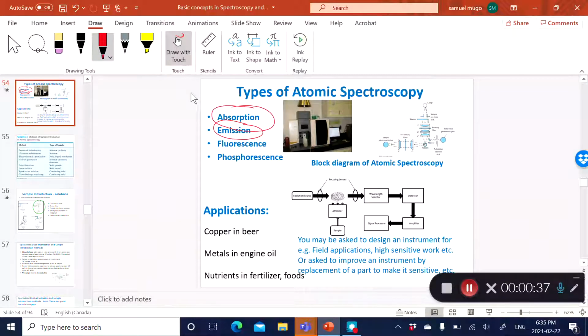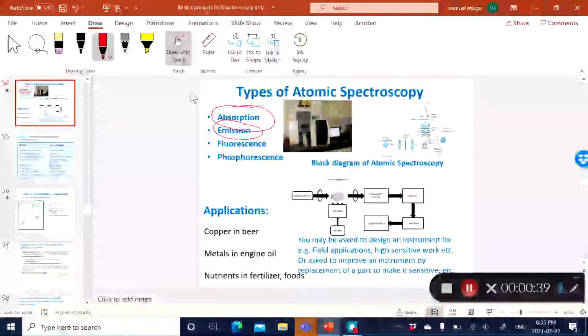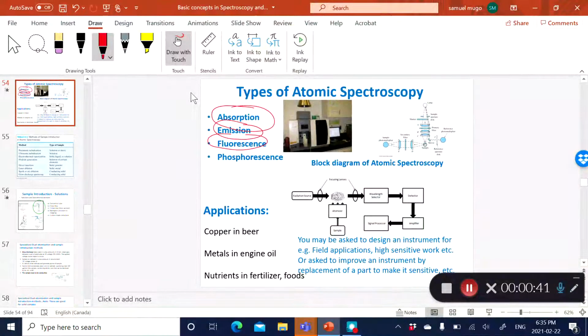And with emission atomic spectroscopy, you can also have fluorescence, which is sort of a type of emission spectrometer. Although it's not very common with atomic spectroscopy, it's more common with molecular spectroscopy.